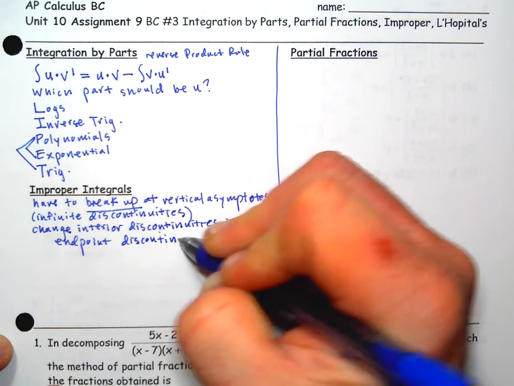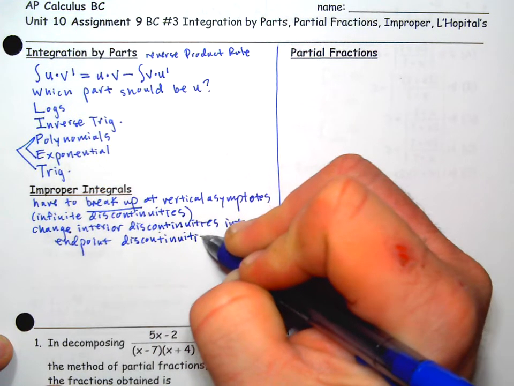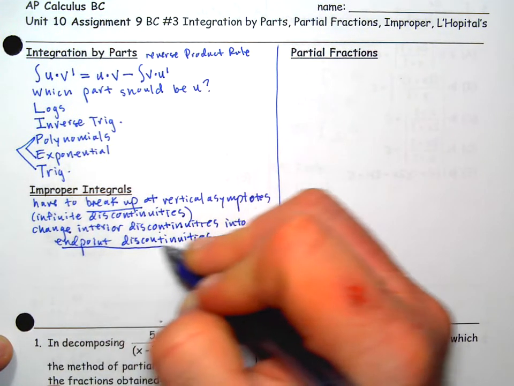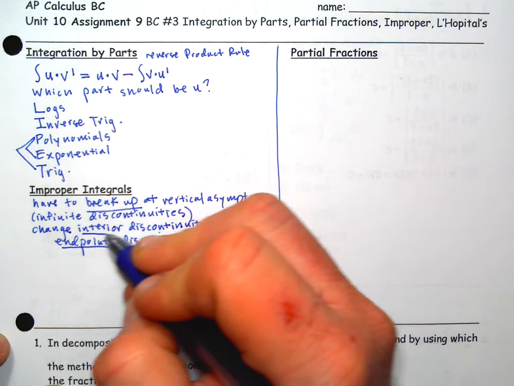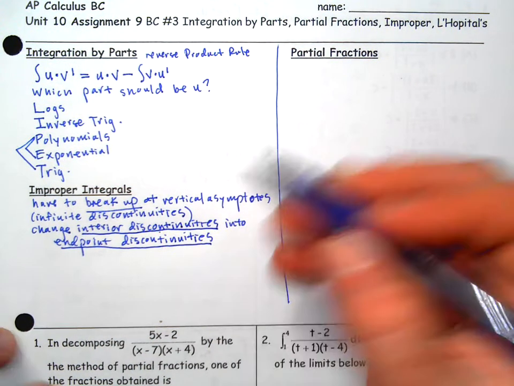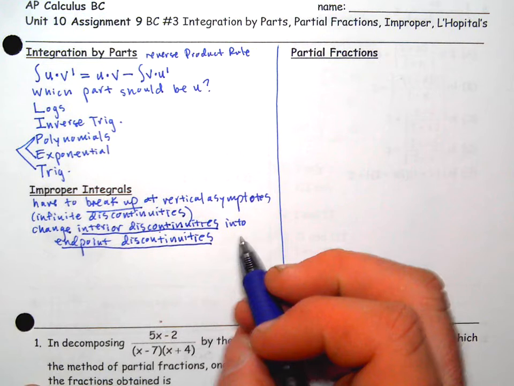Sometimes we get a vertical asymptote at the edge, and we have a way of dealing with that. We change it to a limit, but when we have ones in the middle, we break it up, and then they become endpoint discontinuities.